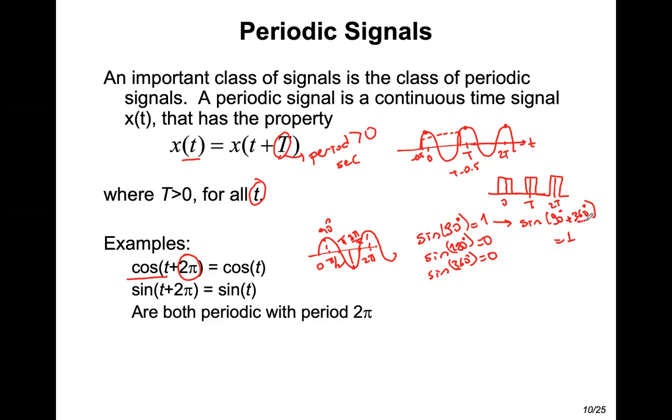So this is going to be my period. Period might be in degrees, in radians, or in time. Time might be 1 second, 2 seconds. It will depend on the frequency of my signal, which I will talk about later.